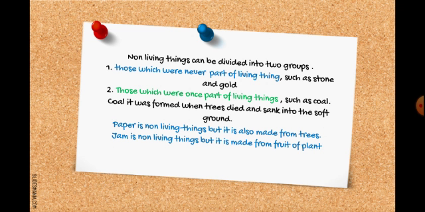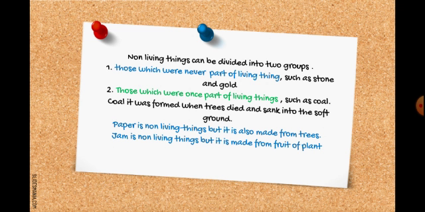Non-living things can be divided into two groups: those which were never part of living things, such as stone and gold; and those which were once part of living things, such as coal. Coal was formed when trees died and sank into the soft ground.